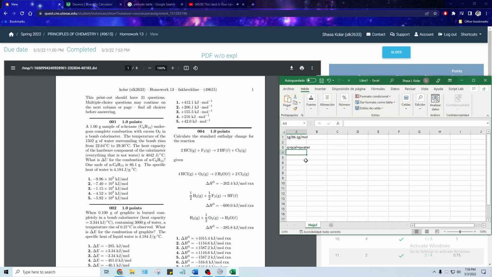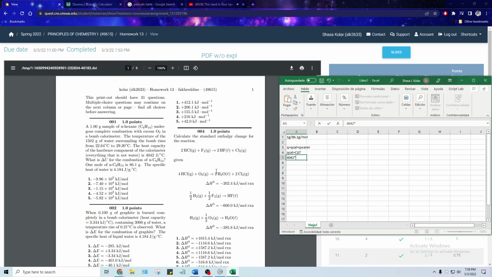So our Q calorimeter, you can see the heat capacity of the hardware component calorimeter is 4042 joules per degree Celsius. So our equation is Q cal equals C delta T. The C is the heat capacity, so it's this, 4042. And then we multiply that by our change in temperature.